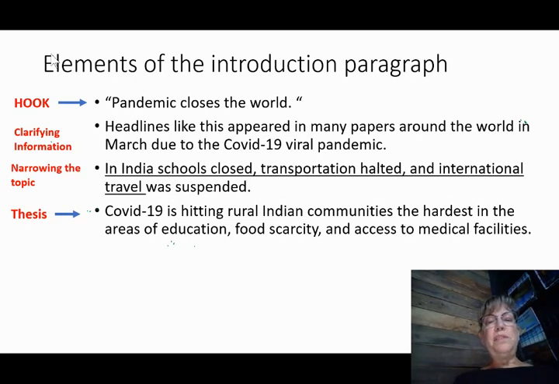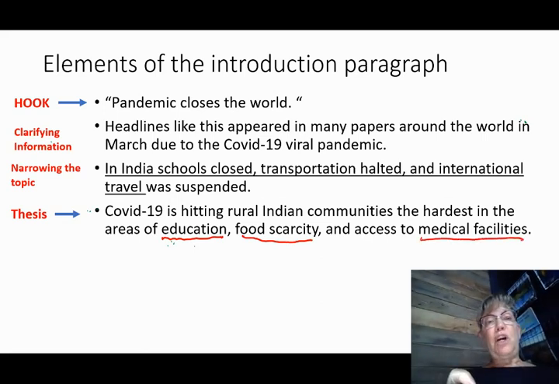And I think it's always important to try to list three things. Again, in this early stage, when you're just learning how to write essays, if you say these things out loud in your paper, it helps to keep you on track, so you know what to put in your body paragraph. So again, we have education, food scarcity, and access to medical facilities.